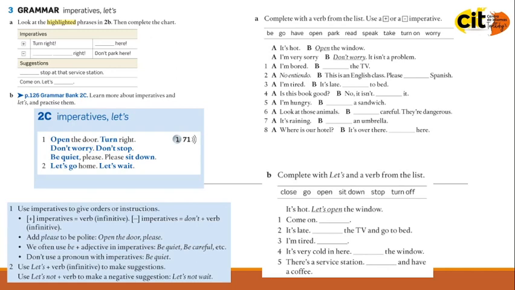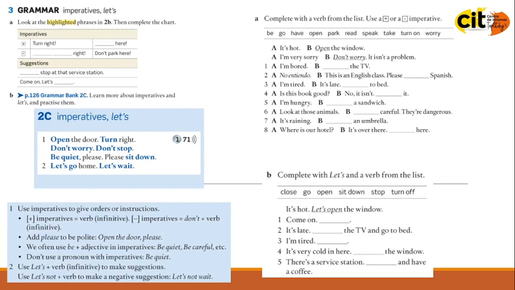When you finish that, go to the grammar bank to part C and read imperatives and let's. So for example, you say open the door, turn right, don't worry, don't stop, be quiet, please sit down. Those are imperatives. And then we have let's go home, let's wait, okay?